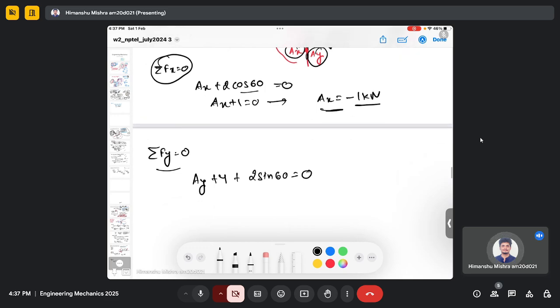When you solve this, you will get Ay equals 5.732 kilonewton. Right?